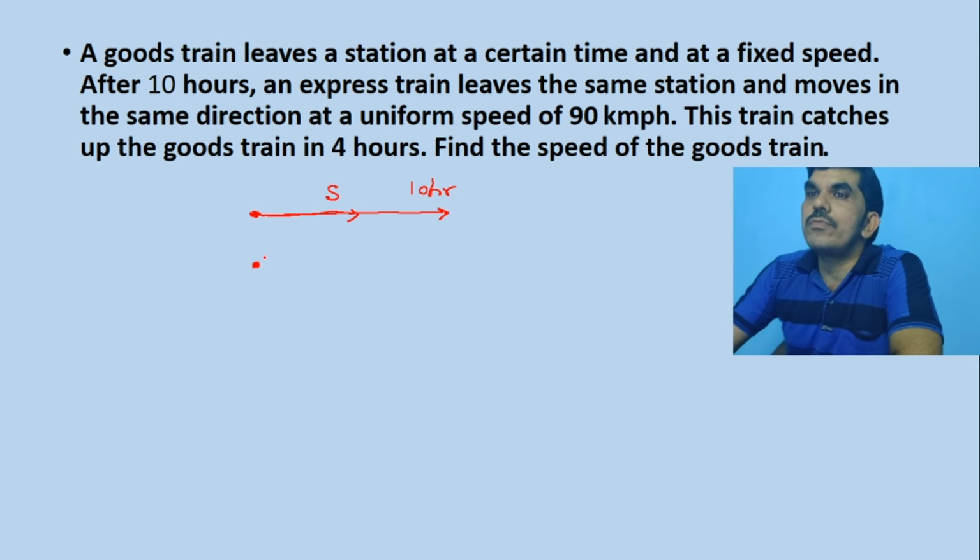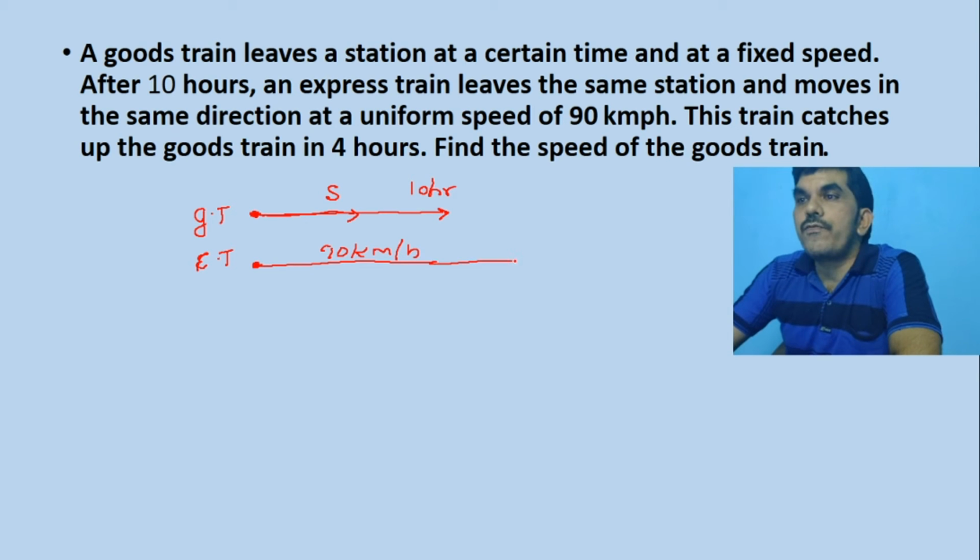At that time, this express train starts from this point. Now, the speed of this express train is given as 90 km per hour. So, after 4 hours of journey, after leaving from this point, it meets the goods train.